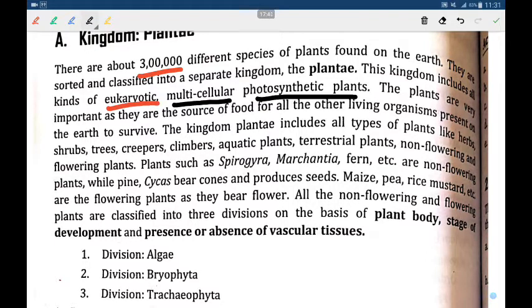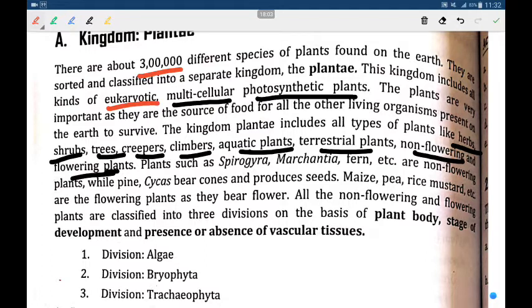The plant kingdom contains varieties of plants like herbs, shrubs, trees, aquatic, terrestrial, flowering, non-flowering. Okay, various types of plants.